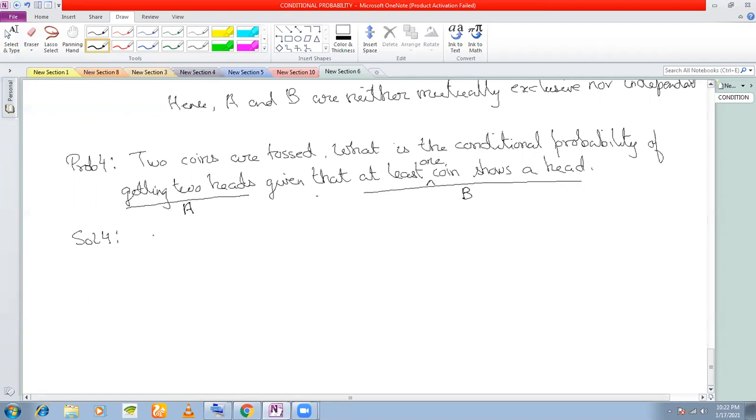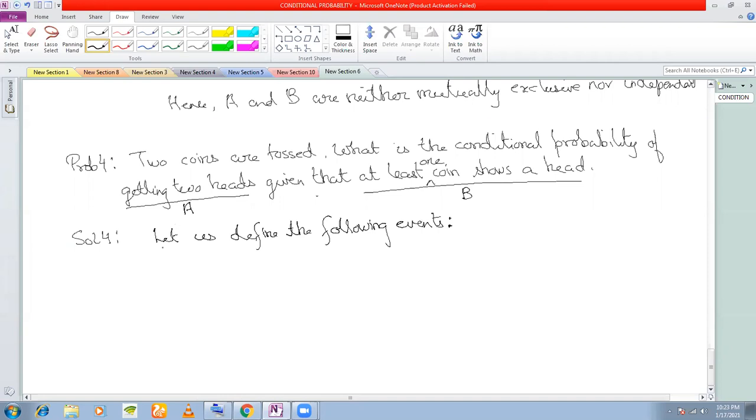So we'll write this in the following manner. Let us define the following events. Look at this example very carefully because this is a building block from which you will go on to Bayes theorem.